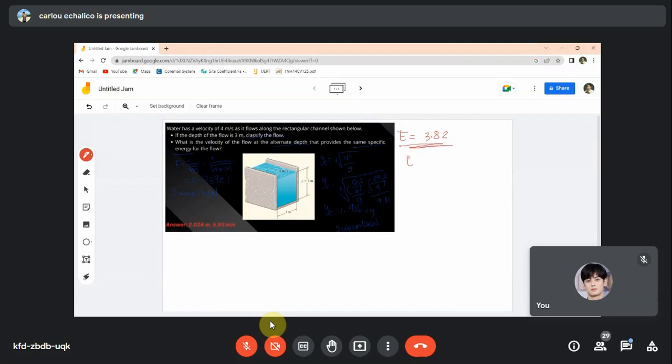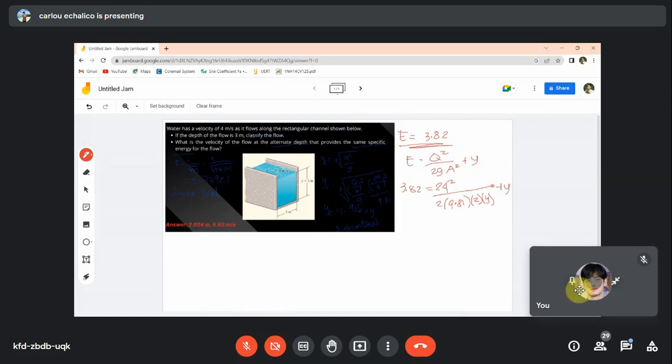Pero katong formula na Q squared over 2g A squared plus y. So 3.82 ang atong specific energy. Ang Q same lang gyapon. So 4 times 3 times 2, that is 24 squared over 2 times 9.81, times ang area na to. Ang base na to is 2 pero mangitatag alternate na depth. So y ato intang.